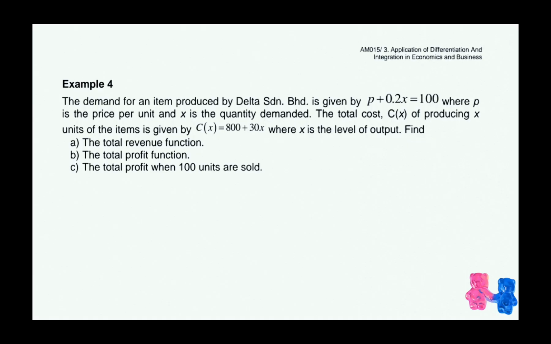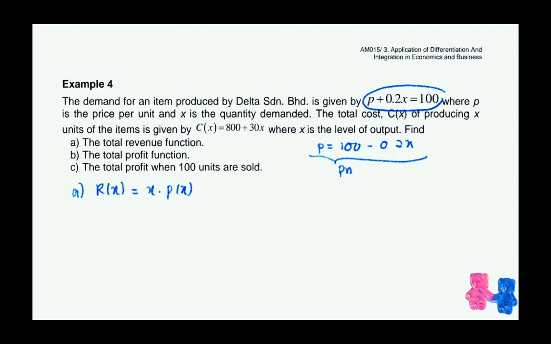So the total revenue function R of X is given by the quantity times the price of the product. So what is the price? From P plus 0.2x equal to 100, we get P equal to 100 minus 0.2x. So this is the price function.